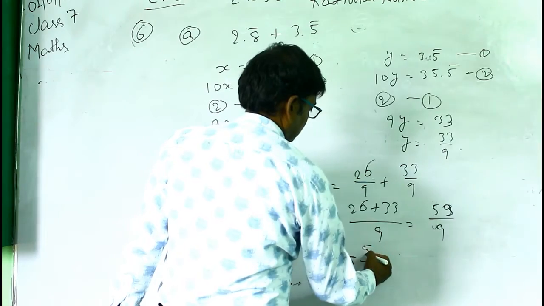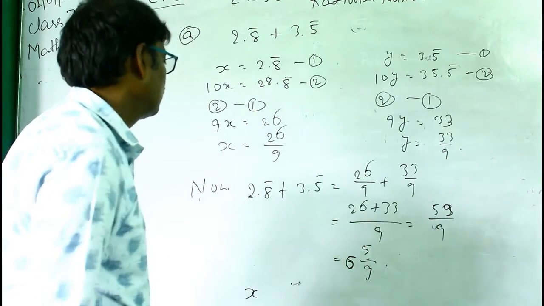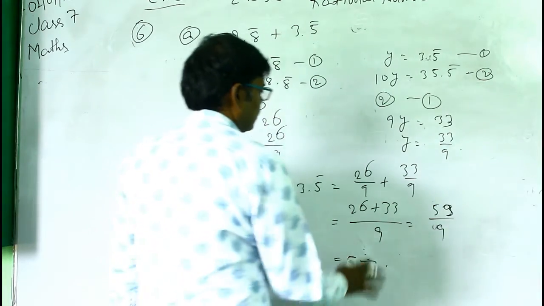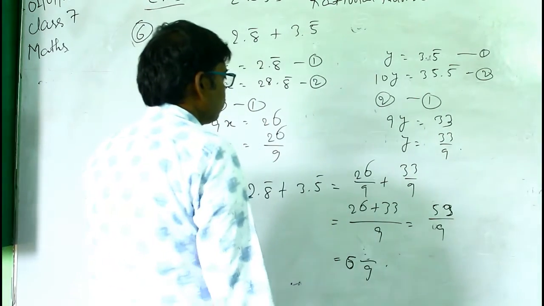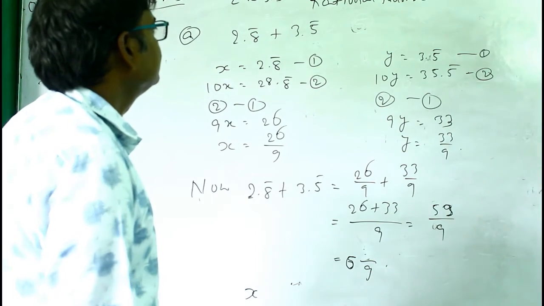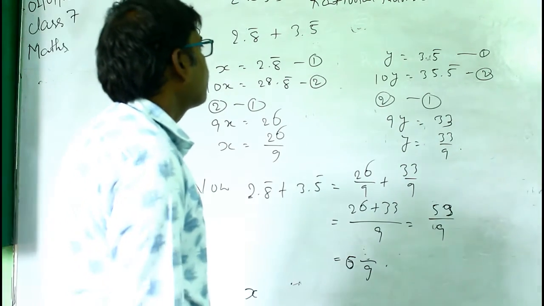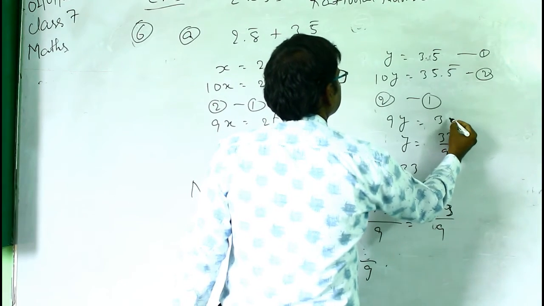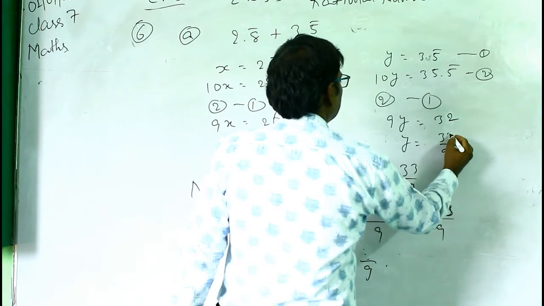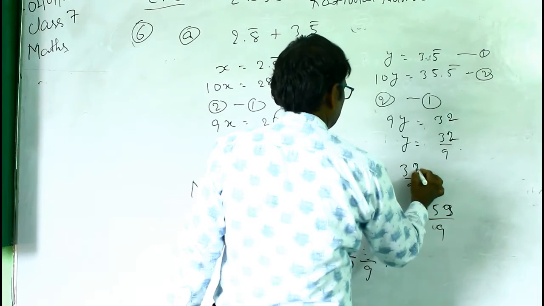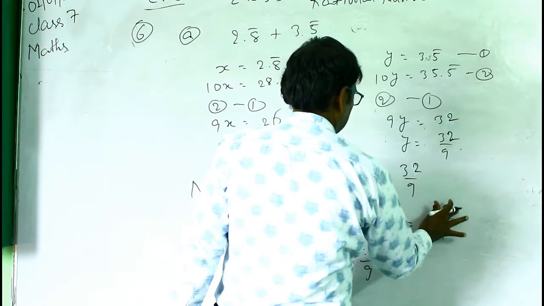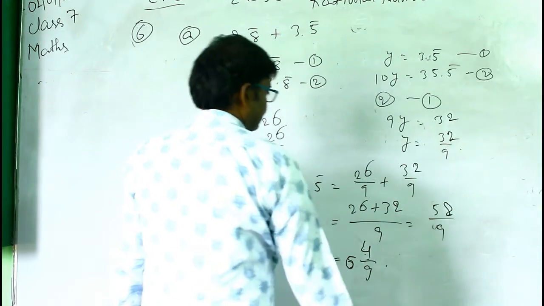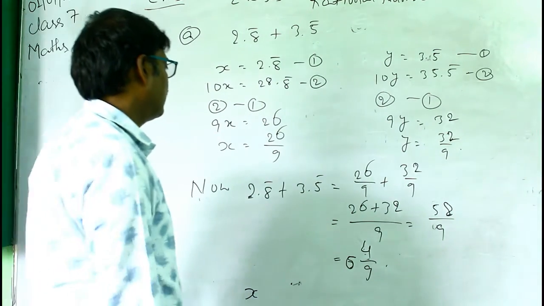Then here 5. And here also it will be 2. Not this. 35 minus 3 will be 2. So here also it will be 2, then here it will be 8. So it will be 4 by 9. 6 and 4 by 9 is the correct answer.